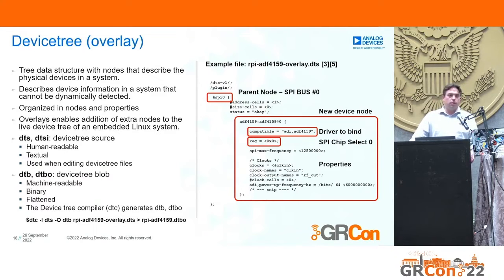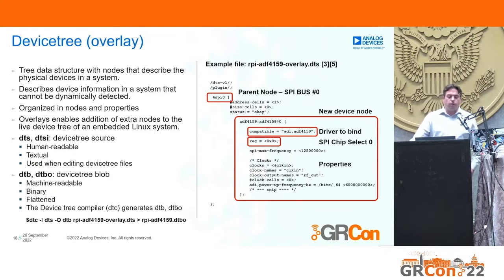For example, a USB bus can be auto-probed, a PCI bus can be auto-probed, but a memory mapped AXI bus cannot be auto-probed. It's organized in nodes and properties. And overlays are a special kind of device tree that allows you to add nodes to a running device tree on an active system.